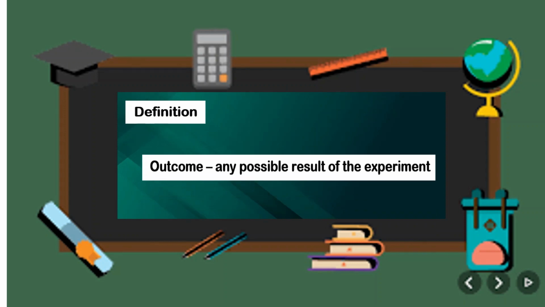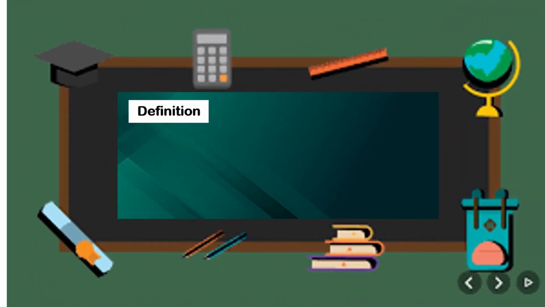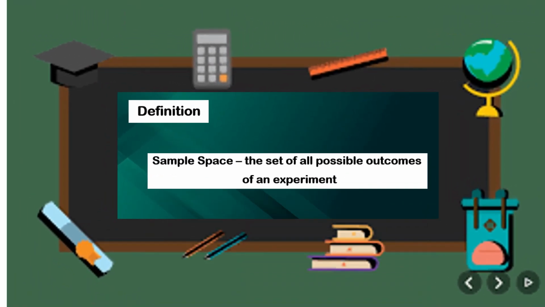An outcome is any possible result of an experiment. Now let's take the third term, sample space. What is sample space? The sample space is the set of all possible outcomes of an experiment. So we have outcomes, and all of the outcomes will be considered and will be under the sample space.